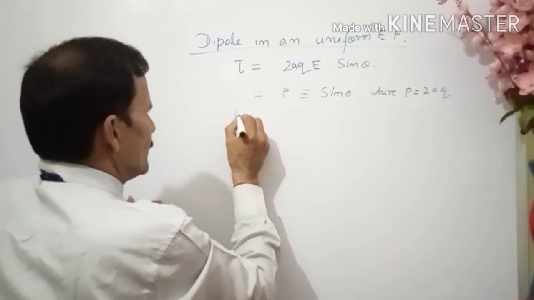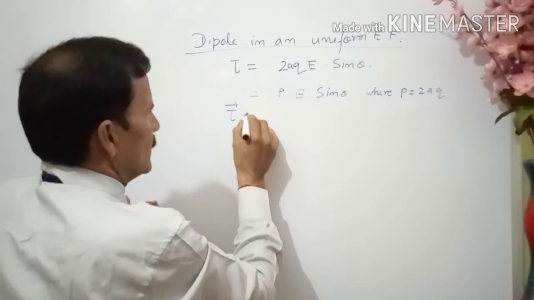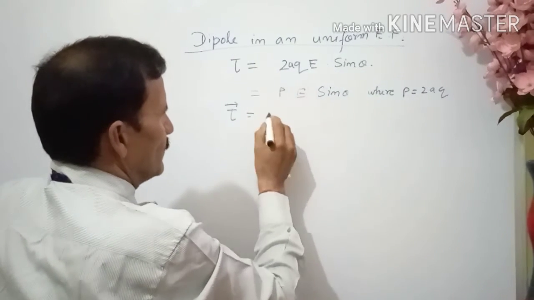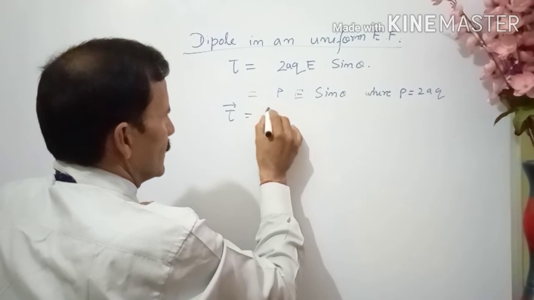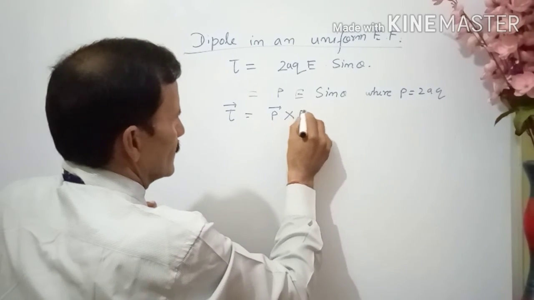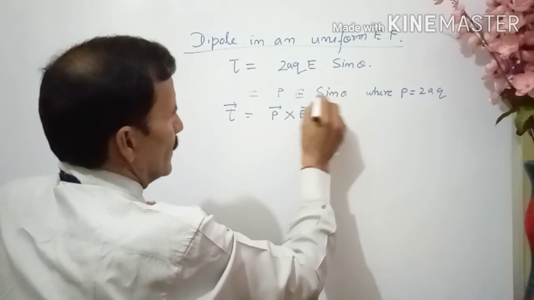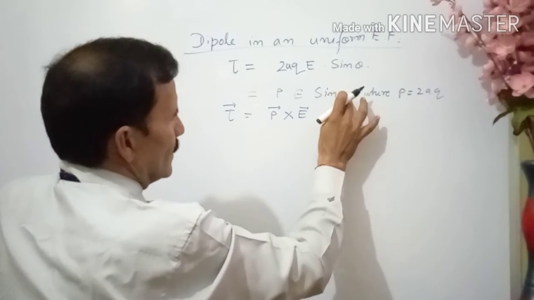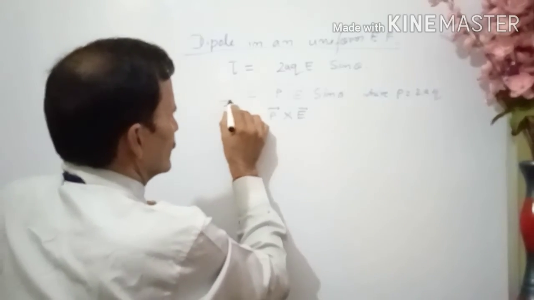Now if you wish to have the vector, it can be written as tau equals p cross E. Why cross E? Because it is sin theta here, so we take the cross product.